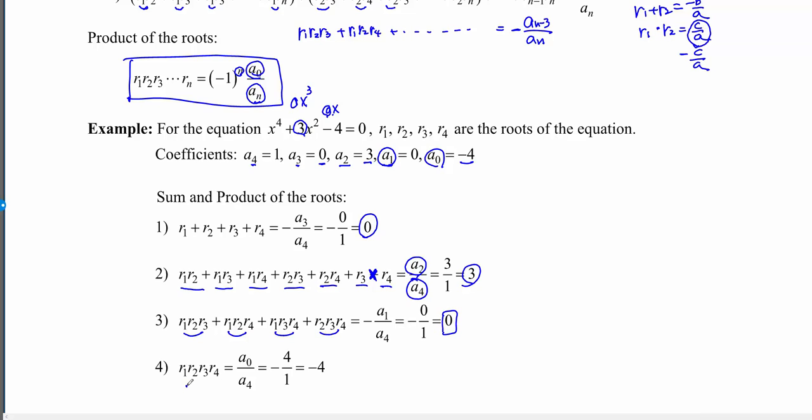What is the last term? Negative 4 over 1 is what? Oh, this is already negative, I'm sorry. With an even degree, just one negative 4 over 1 is negative 4, that's fine, okay?